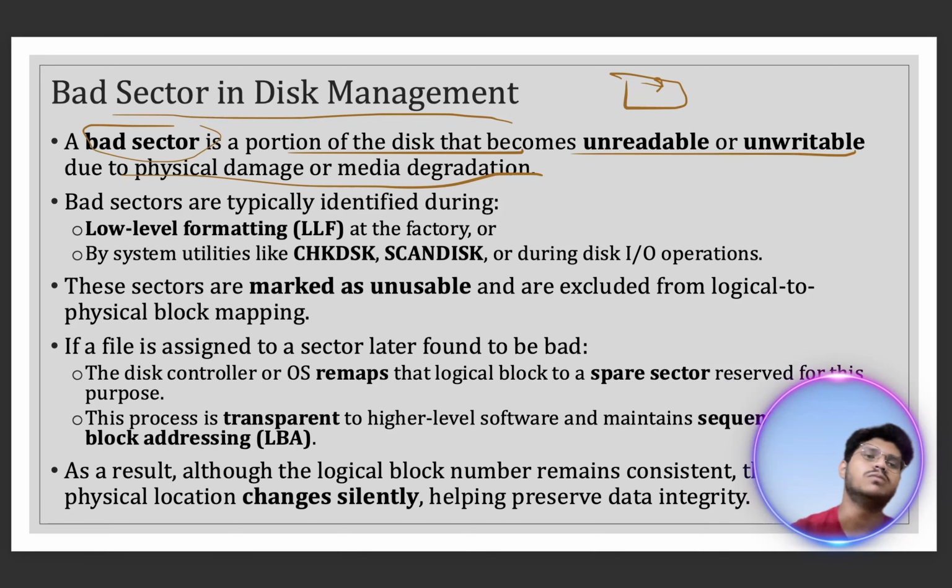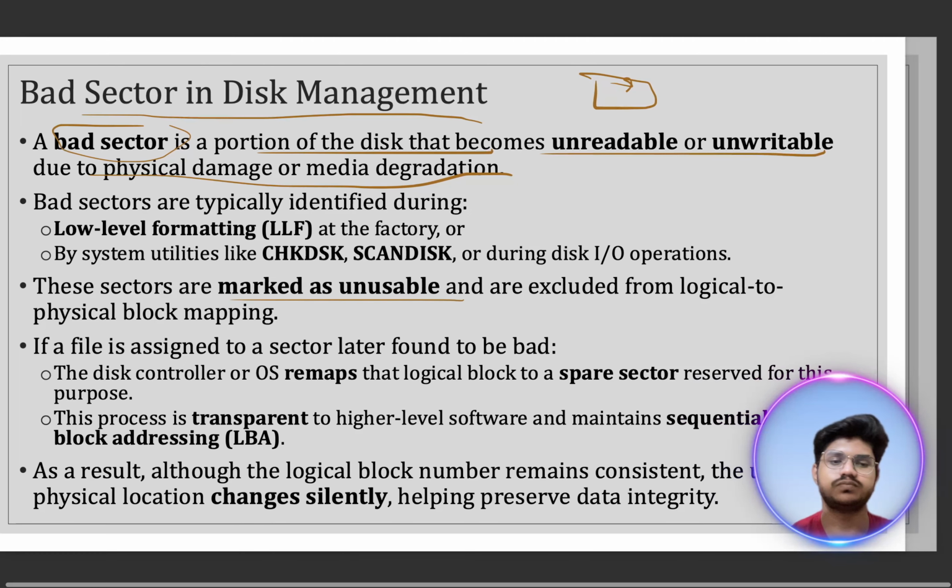The OS has certain mechanisms to identify those bad sectors, and it doesn't store any data on them, it usually skips them. There are also bad sector management algorithms. Basically, some backup sectors are already kept in order to replace the bad sectors, and there can be many algorithms to manage them.